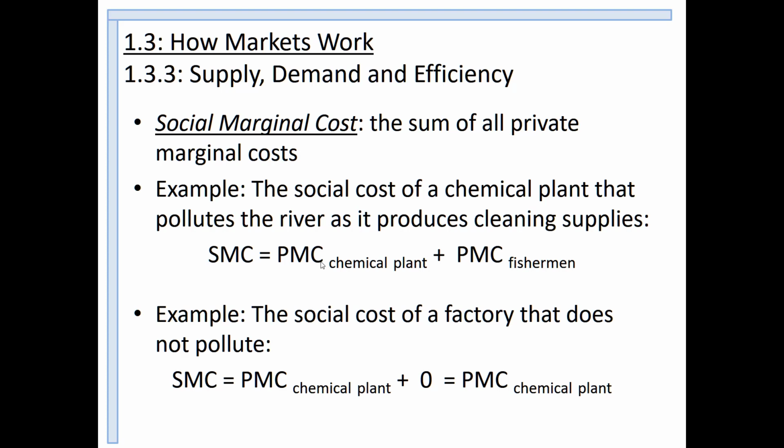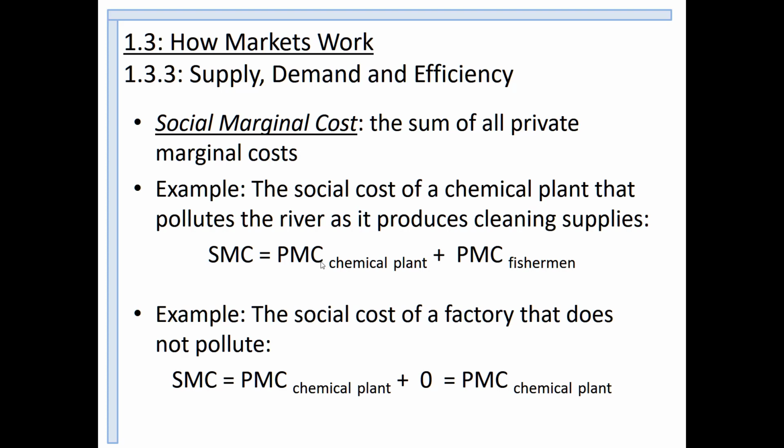In that case, because the river is now polluted, the fisherman is going to have a higher cost. It will be much harder for the fisherman to find fish if the water is not clean. So there would be the private marginal cost that the fishermen are going to incur if the chemical plant produces a certain quantity of Clorox.